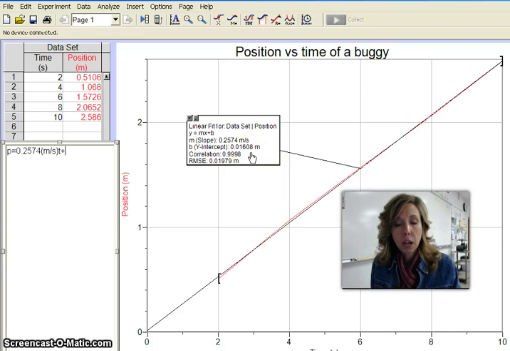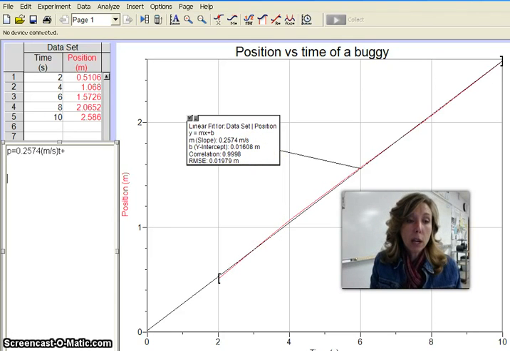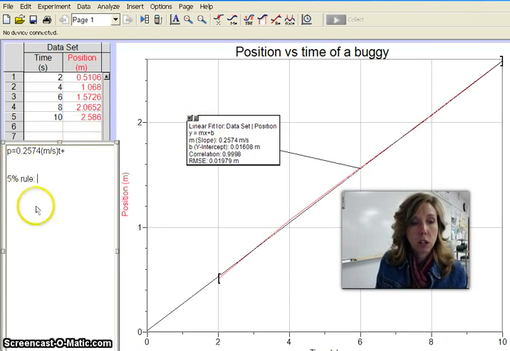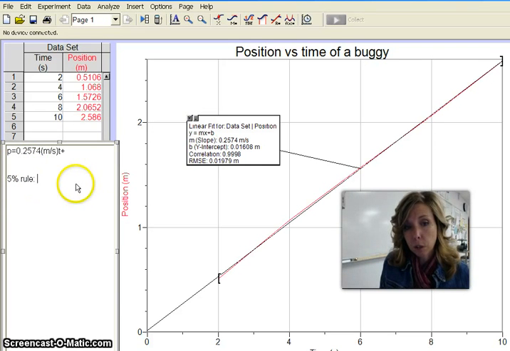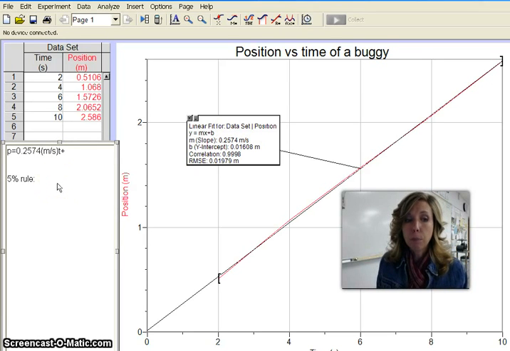And so to do that, we always run what we are going to call the 5% rule. So in the text box over here, I'm going to give you generally what the 5% rule is, and then I'm going to show you how we're going to calculate it for this particular example. We need to calculate a percent, and what I'm going to do is take the y-intercept and divide it by the highest y value.